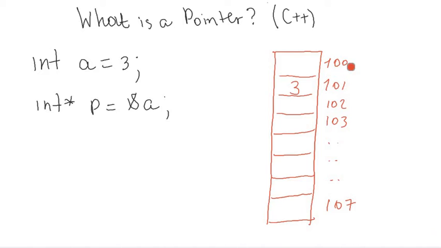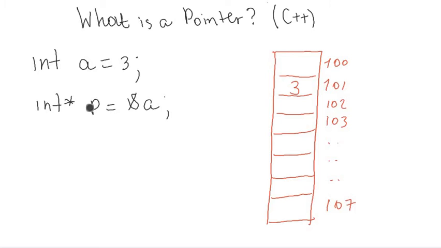So these numbers over here are actually the addresses of these memory shelves. So by creating integer a, which is equal to 3, we're just simply saying that at the memory address 101 we will store this value, which is 3.